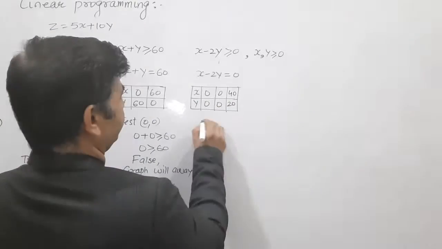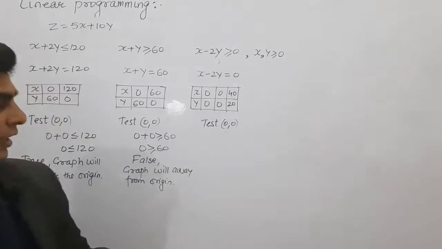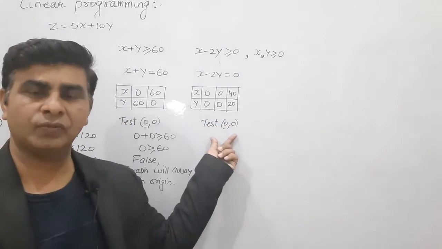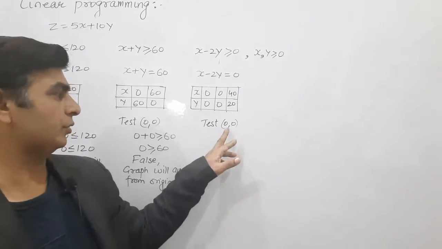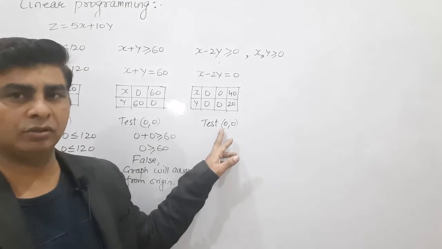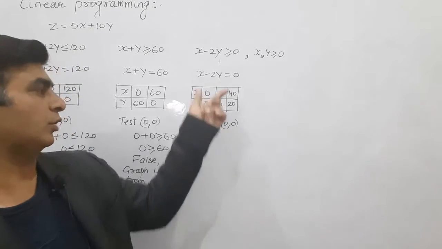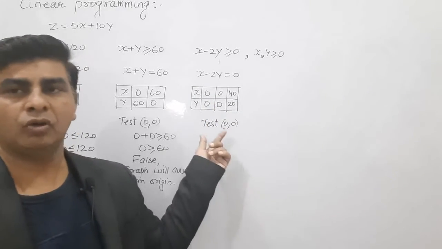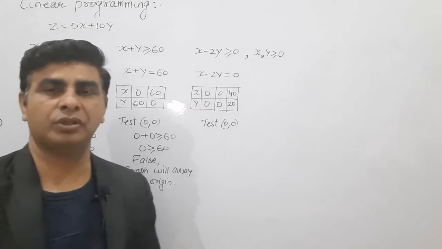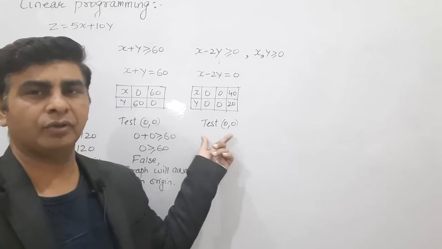Now the test. One more thing you should take care about: we can't use the origin for the test here, because 0, 0 is already lying on the straight line. If the point for which we test already lies on the line, children, then we cannot do the test. So we have to use a different point from the origin.